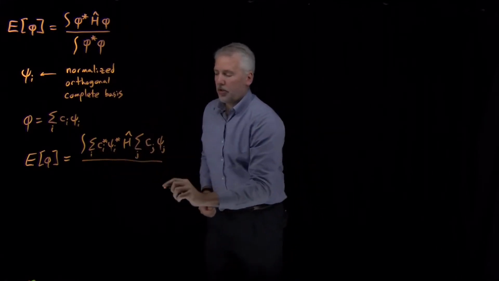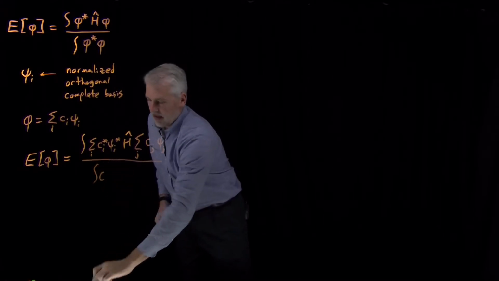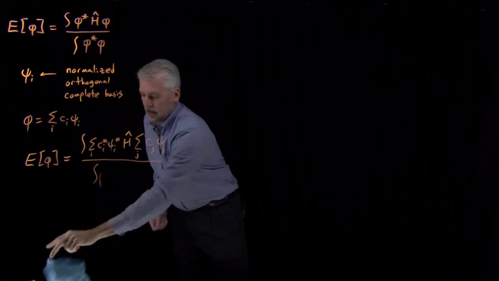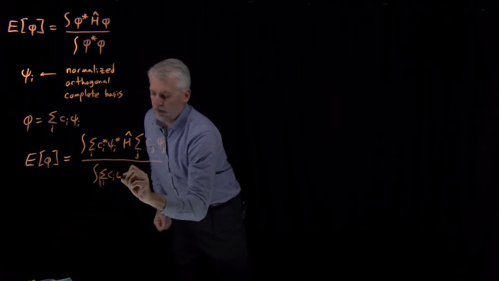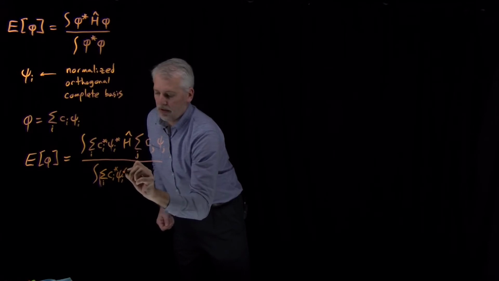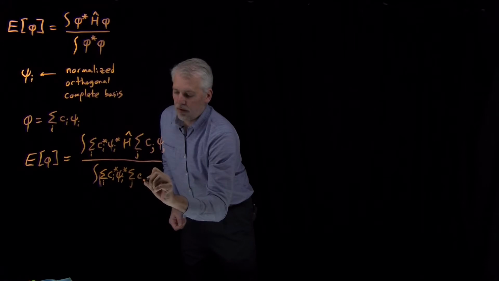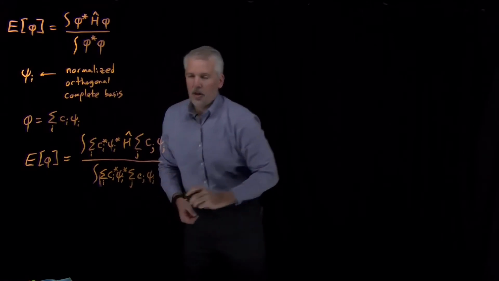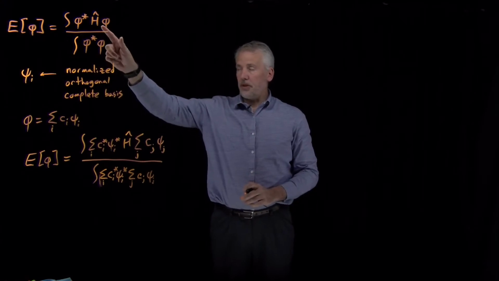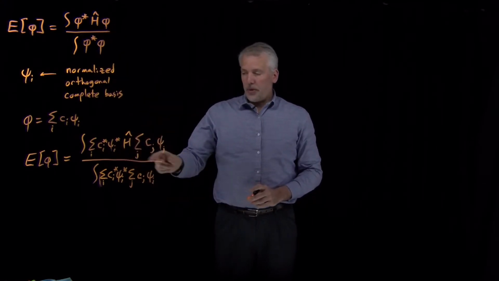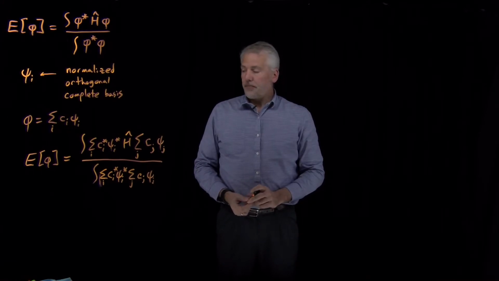In the denominator, it looks very similar, just without the Hamiltonian. So I've got the sum of coefficients times wave functions complex conjugate, and then the sum of coefficients times wave functions without the complex conjugate. So I've just replaced the variational trial function with its representation using the correct wave functions.